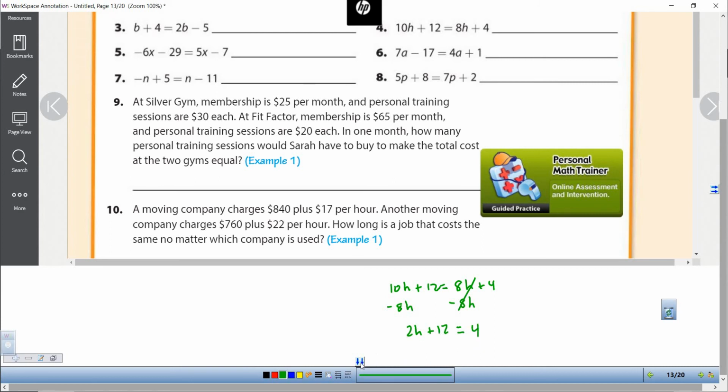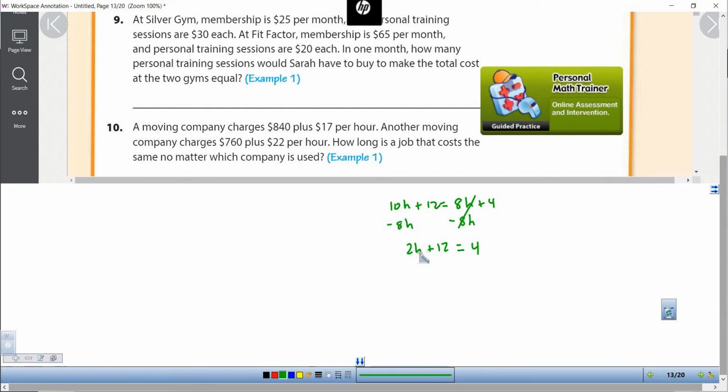Now I have a two-step equation. My goal is to get that variable by itself. The opposite operations in the opposite order: I take away 12 from each side. 2h is equal to negative 8. I divide by 2 and get h is equal to negative 4. Let's check it. 10 times negative 4 plus 12.